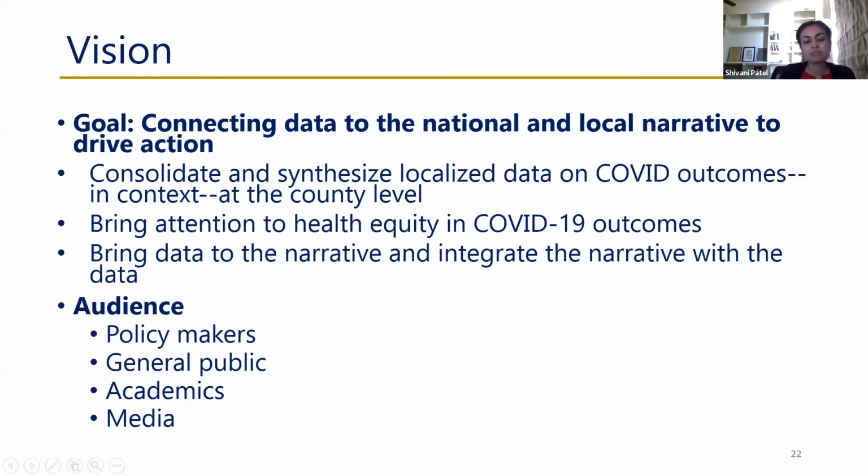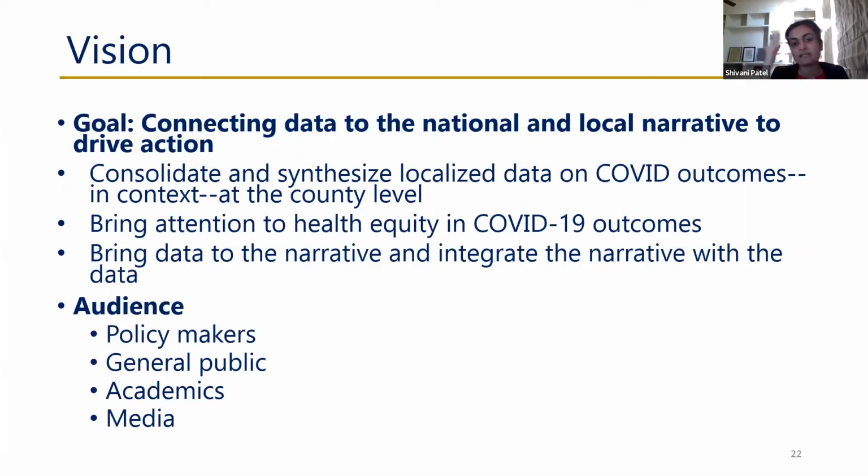The motivation behind the dashboard was to consolidate and synthesize localized data on COVID outcomes and put them in context at a county level, because we really wanted to connect the data to the national and local narrative for ultimate action. When we were surveying the kinds of work happening in COVID-19 early on, we felt the health equity piece was one thing that was really missing, and that was one thing we wanted to inject into the space.